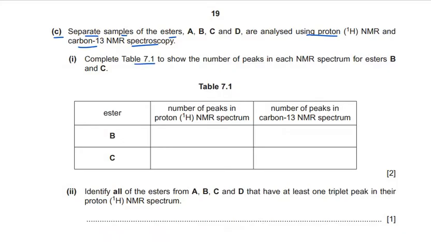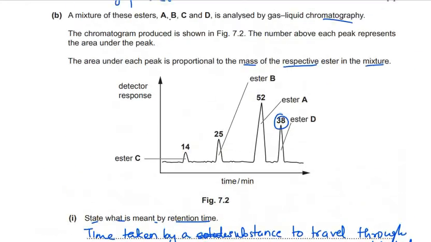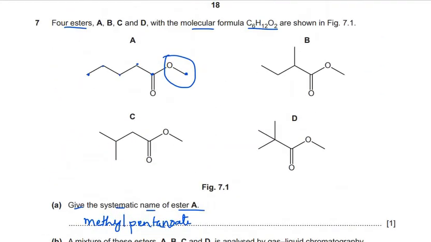Complete the table 7.1 to show the number of peaks in each NMR for the esters B and C. So if we start with the proton NMR of B, let's see how many types of proton are there in B. Here it's CH3, here it is CH2, again CH3, here is CH and the last one is CH3, and all the protons are of different types. So how many do we have? 1, 2, 3, 4 and 5. So B has 5 peaks for the proton NMR.